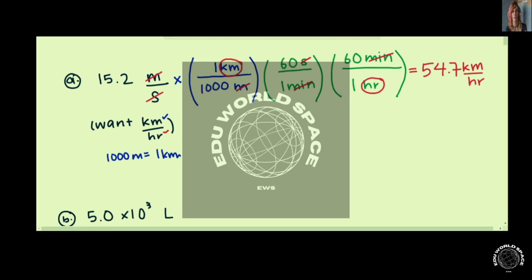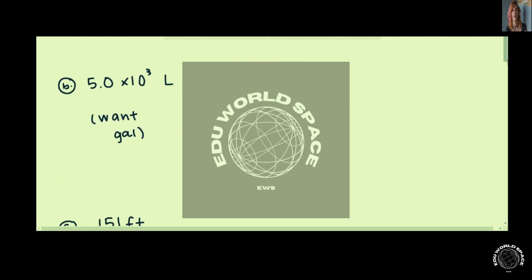Okay, for the second one, you're talking about the lung capacity of a great blue whale. You want to convert from liters to gallons. If you look up this conversion, about 1.32 gallons is equal to 1 liter.